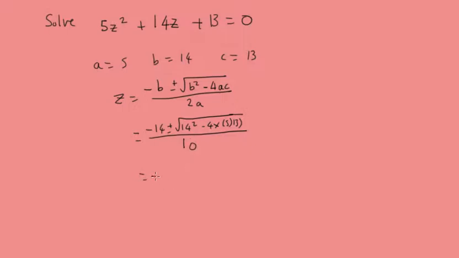That's going to give us minus 14 plus or minus the square root of, sorry, looking at the wrong number, minus 64, if you work all that out, over 10. This is a negative number.